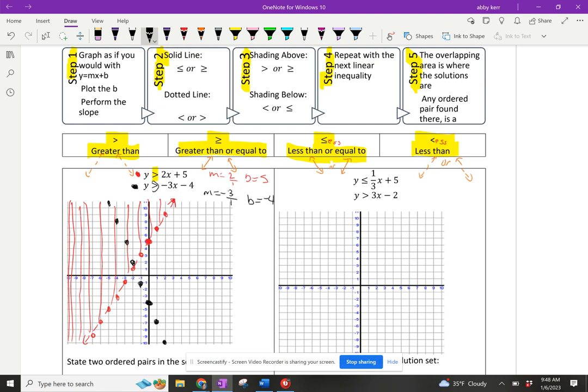Now I'm going to look at the symbol. It says greater than. Once again, greater than is a dashed line. Step 3 says, since it's greater than, we're going to be shading above. So on my black line, I'm going to, once again, put my pencil on the line and shade up.